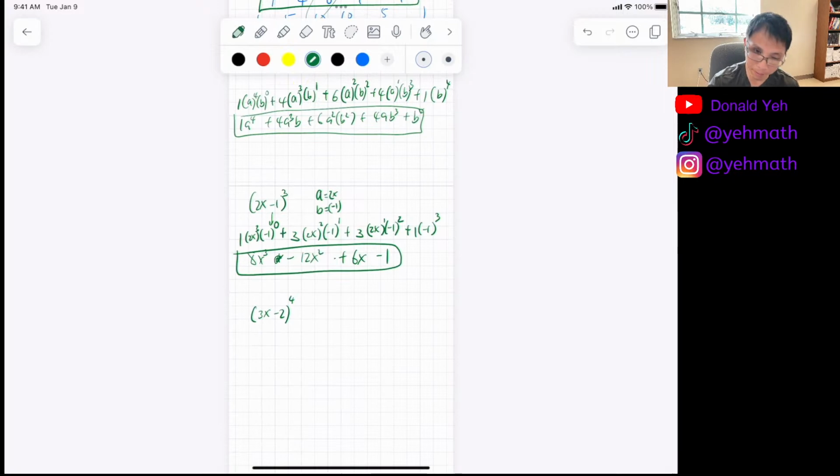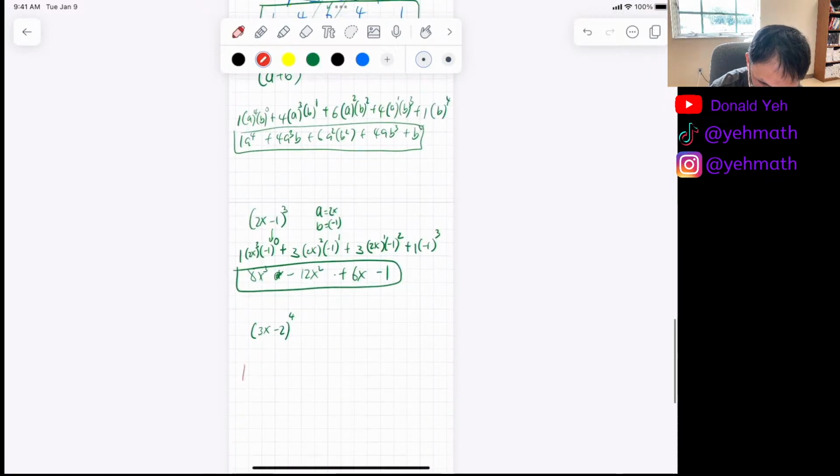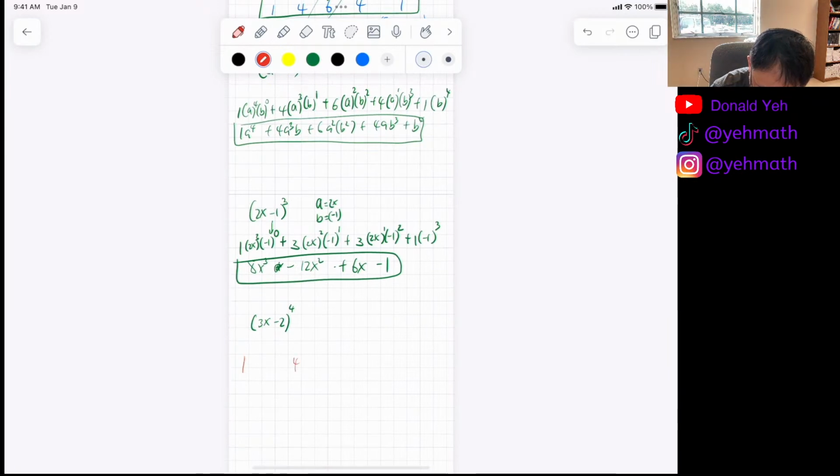Since I don't have much time, I'm going to write down all the coefficients. So 1, 4, 6, 4, 1. And I'm going to write down the pattern. So it'll be 3x to the 4th, 3x to the 3rd, 3x to the 2nd, 3x to the 1, and 3x to the 0, which is 1.